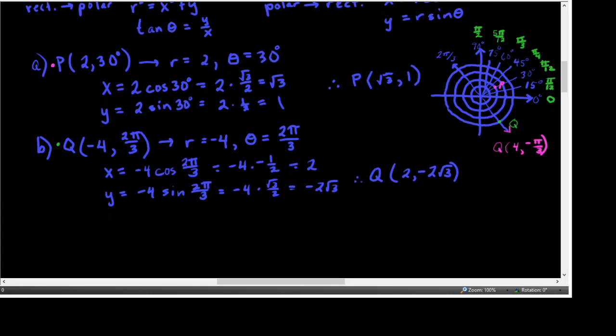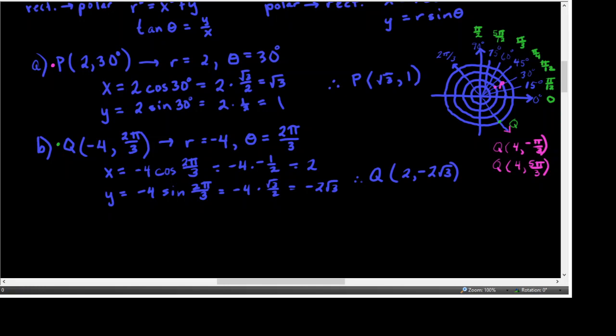Could I use positive 4 and any angle that's coterminal with negative pi over 3? Yes. Another version would be if I were to add 2 pi to negative pi over 3. I'd still be on the same ray, so I'd use a positive R.